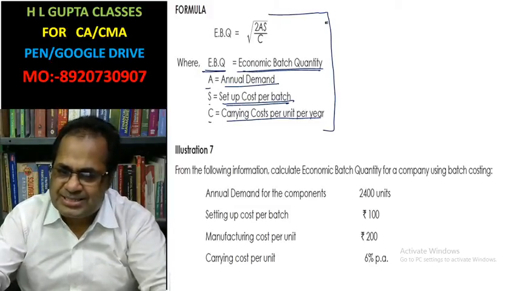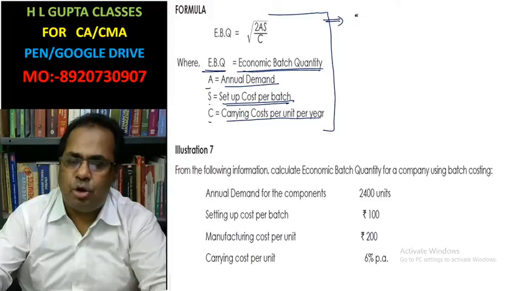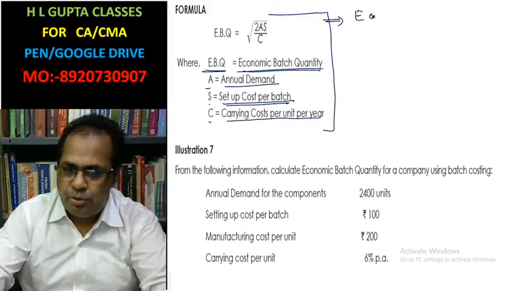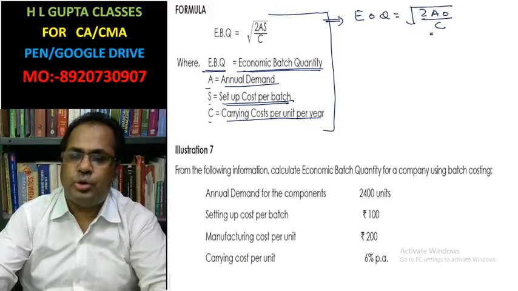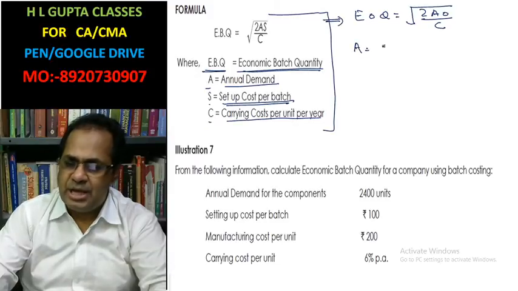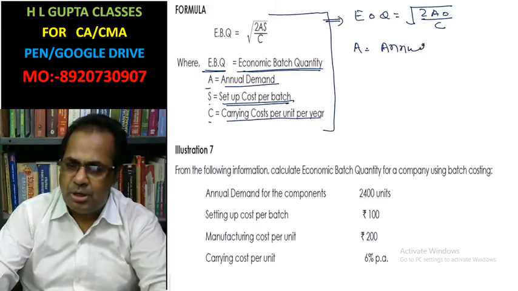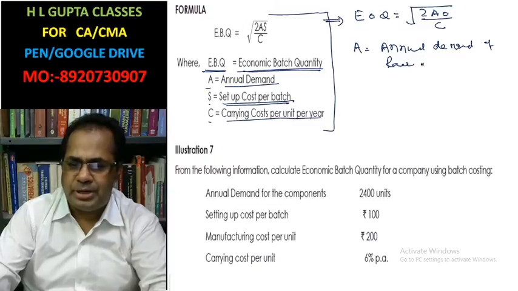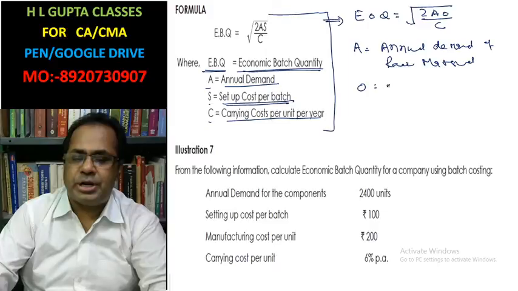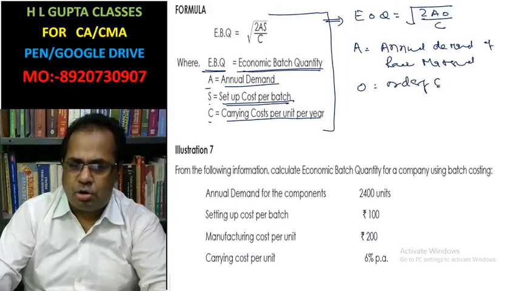This is exactly the same as economic order quantity, EOQ. Economic order quantity I have already taught in material costing: root under 2AO upon C. What is this? A is the annual demand of raw material, and O means ordering cost per order.